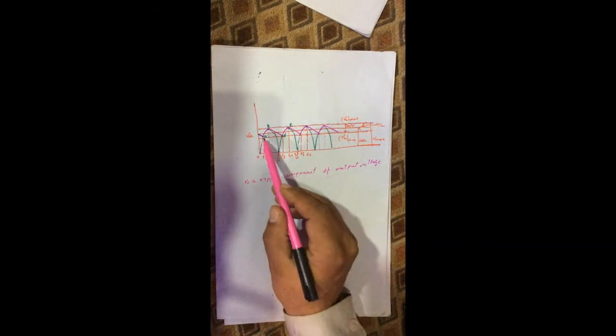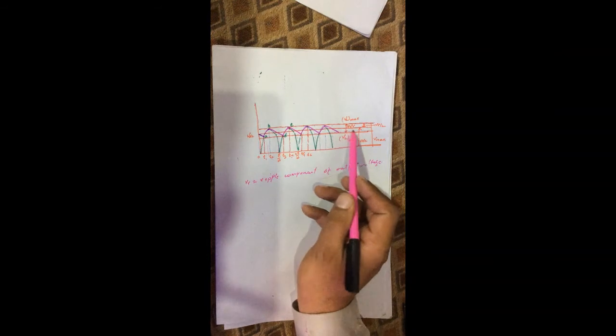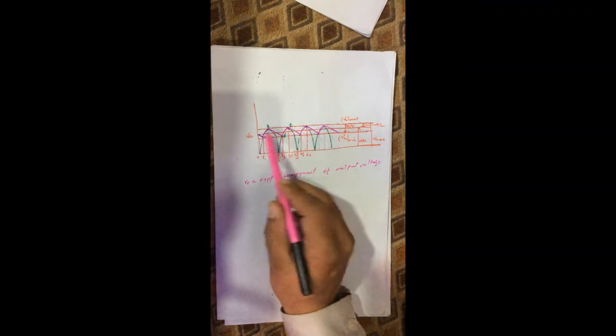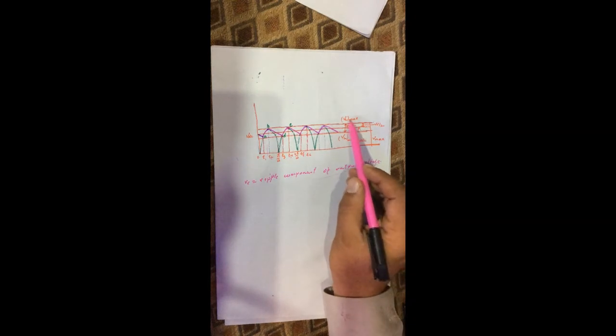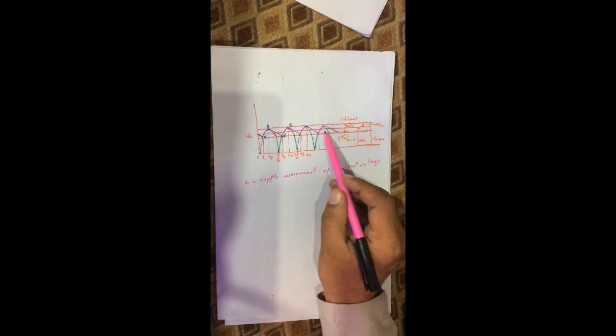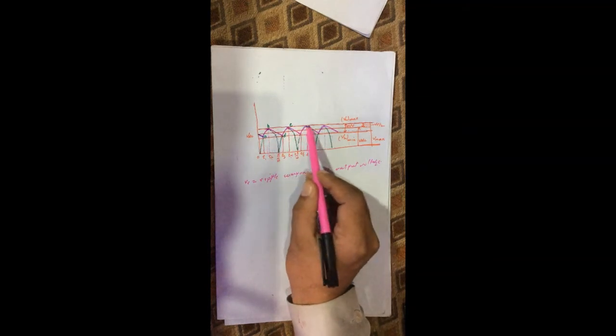VDC is the DC value of the output voltage, this central line. And VL maximum is the maximum value of the output voltage, this one.